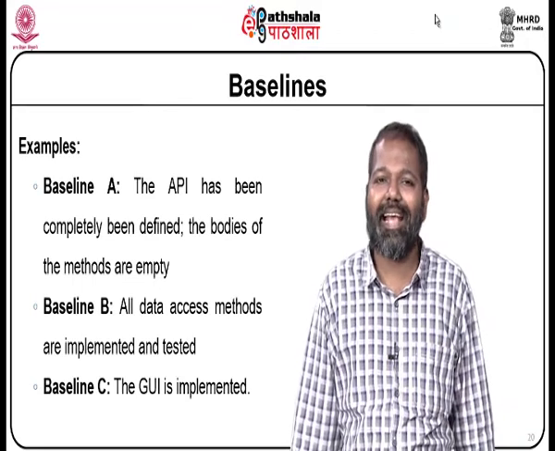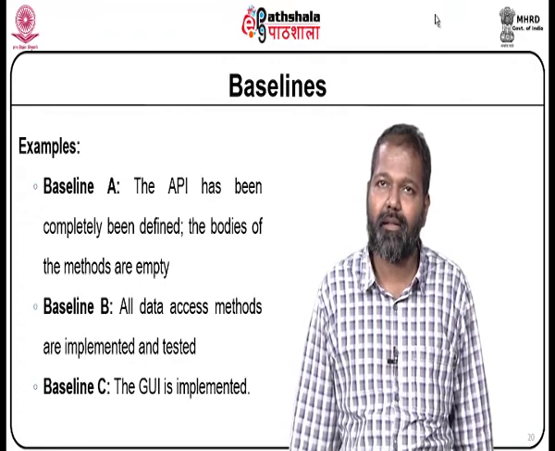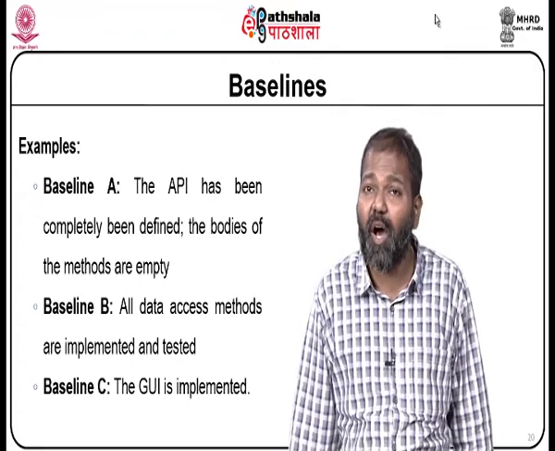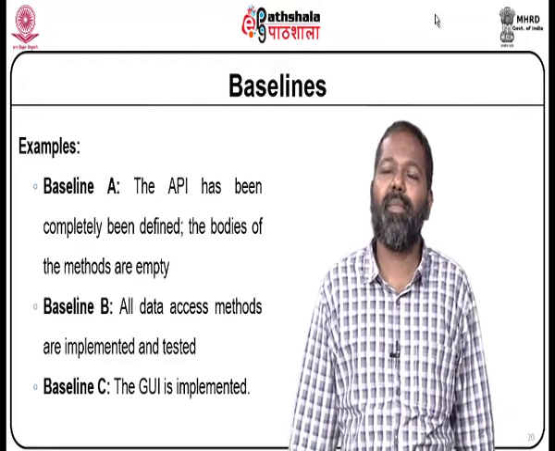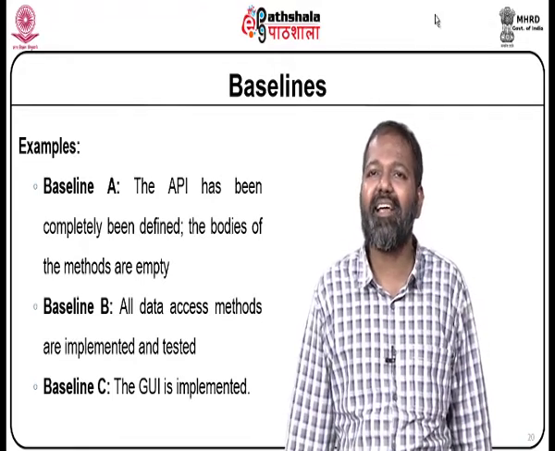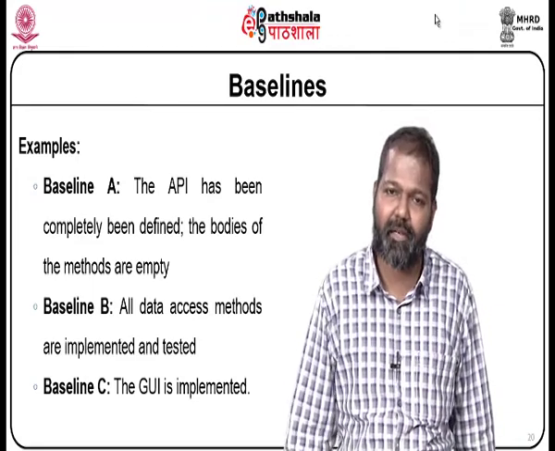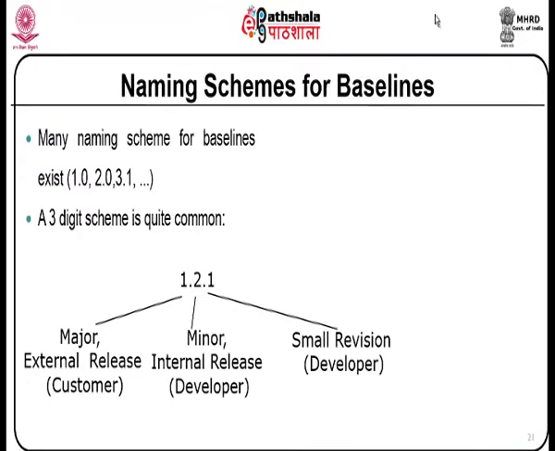Examples: baseline A, the API has been completely defined, the bodies of the methods are empty. Baseline B, all data access methods are implemented and tested. Baseline C, the GUI is implemented. Naming schemes for baselines: many naming schemes for baselines exist, 1, 2, 3, etc. In general, a 3-digit scheme is quite common.